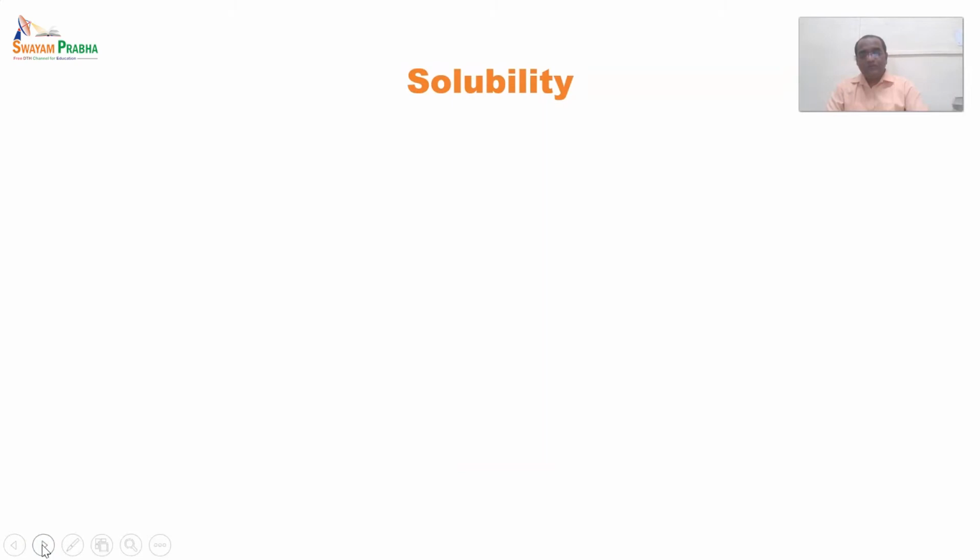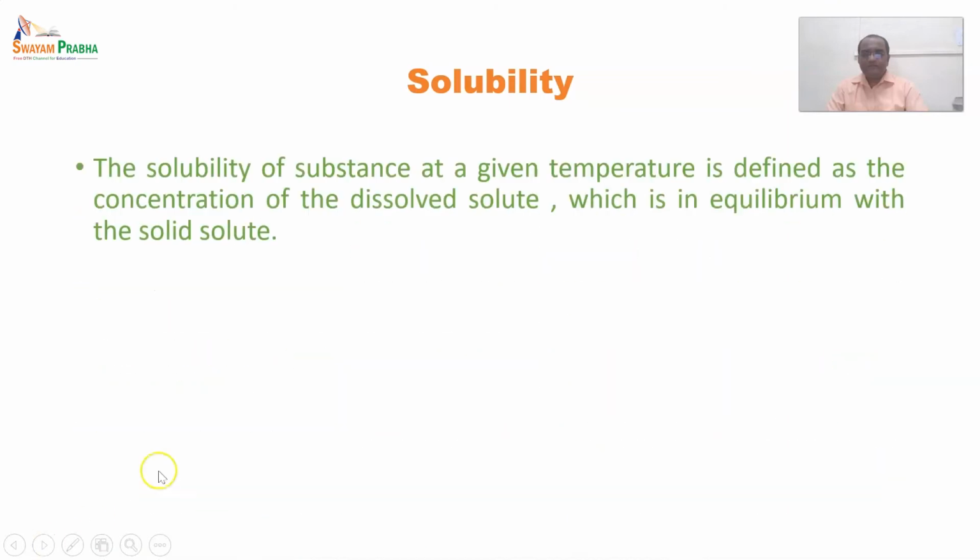Now we come towards the first physicochemical property, that is solubility. The solubility of a substance at a given temperature is defined as the concentration of dissolved solute which is in equilibrium with solid solute. Here the term temperature is used because temperature affects solubility.